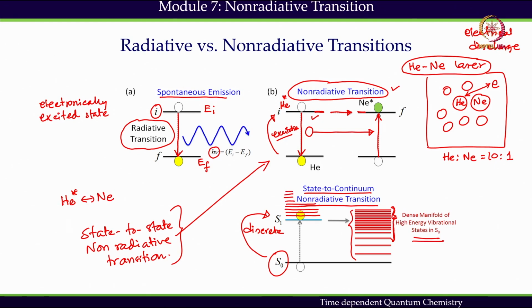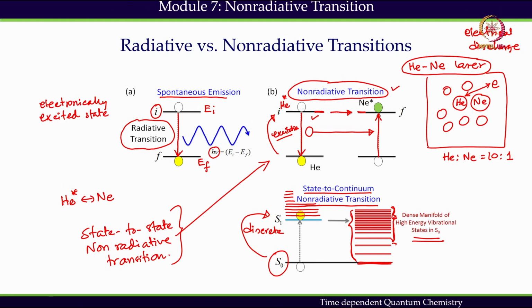So the excited state species can undergo non-radiative transition back to the ground electronic state, as shown here with the help of this Jablonski diagram. This is a typical Jablonski diagram we use in photochemistry to explain photochemistry and photophysics.